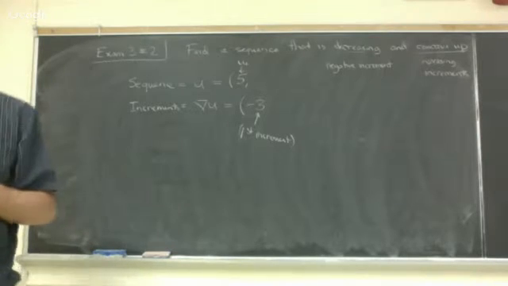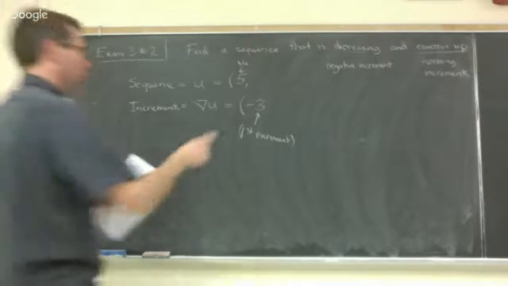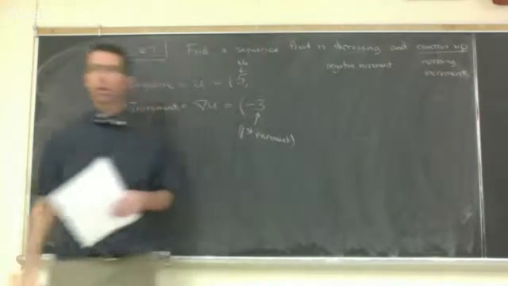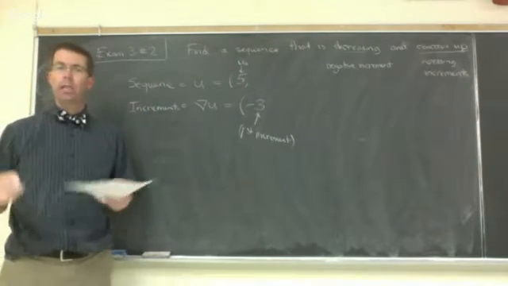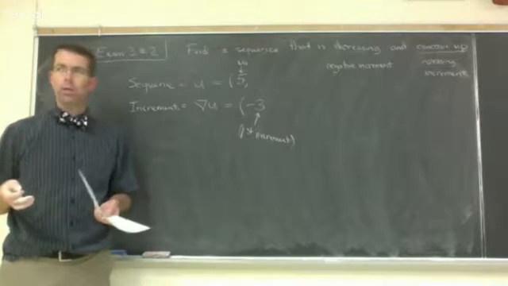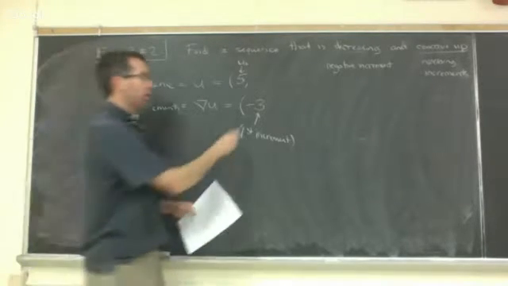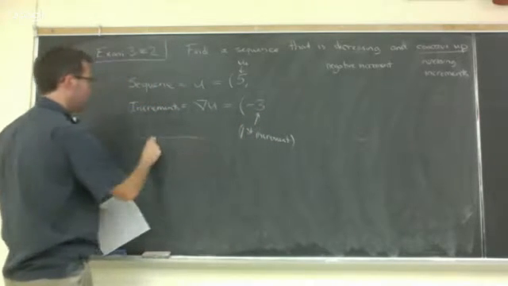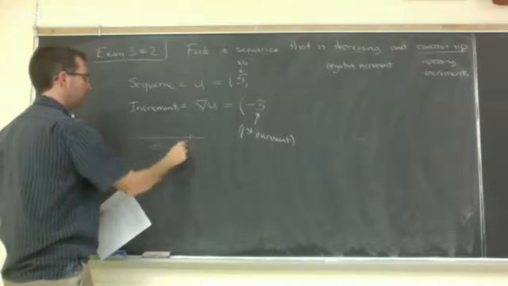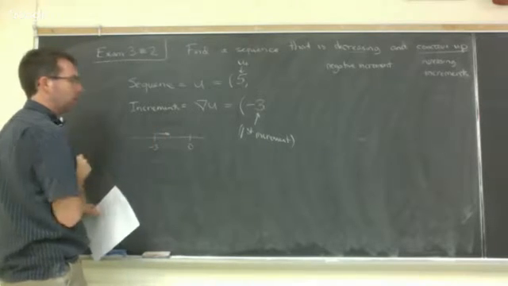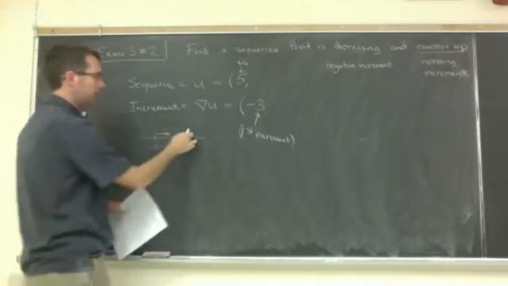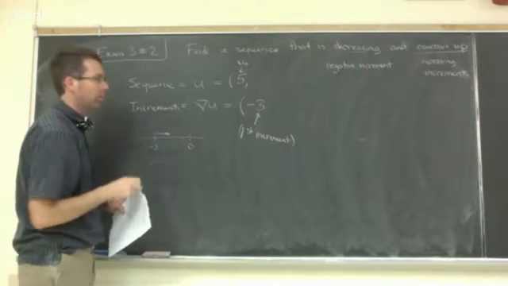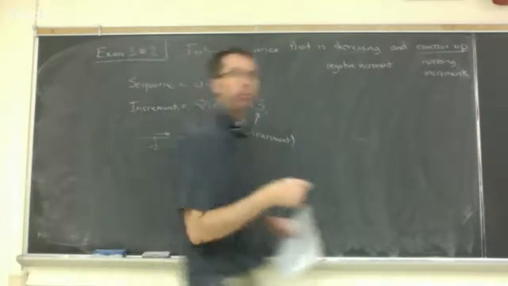So I need a sequence of increments that stay negative, but they're increasing. And so increasing here has to do with true inequalities, not getting bigger in size. And so I need to be going to the right on the number line. So here's my number line, here's -3, here's 0. I need to be steadily going this way to be increasing, and I have to stay below 0 so that I stay negative. So give me another increment possible.